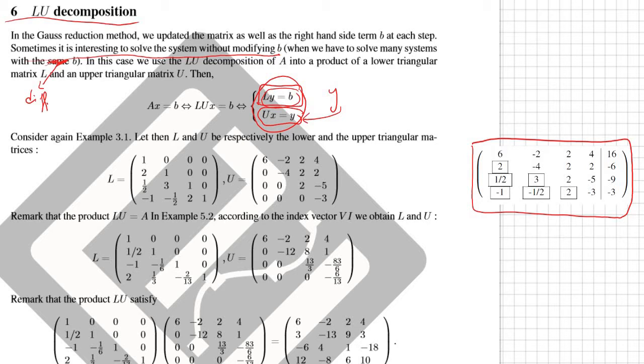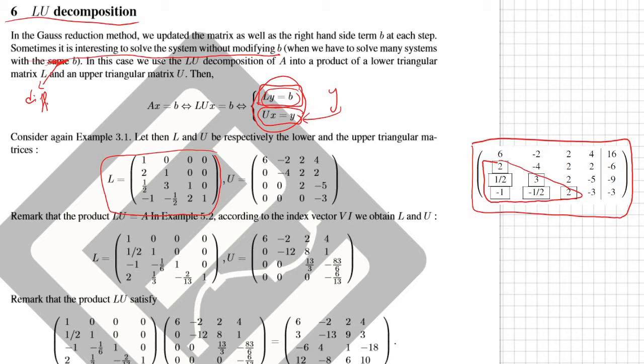Now I will define two matrices from this reduction. The first one, L, is given by the coefficients in here with ones placed on the diagonal of the matrix. Of course, this is a lower triangular matrix.